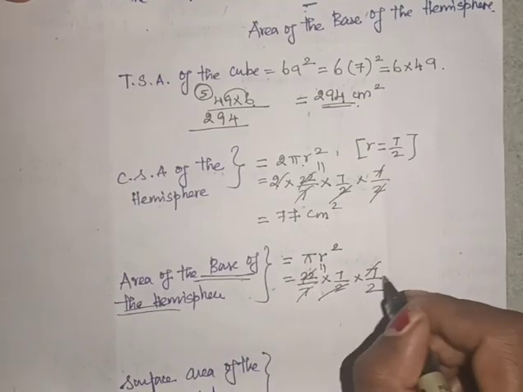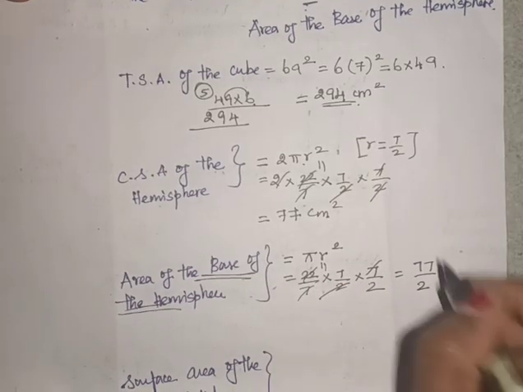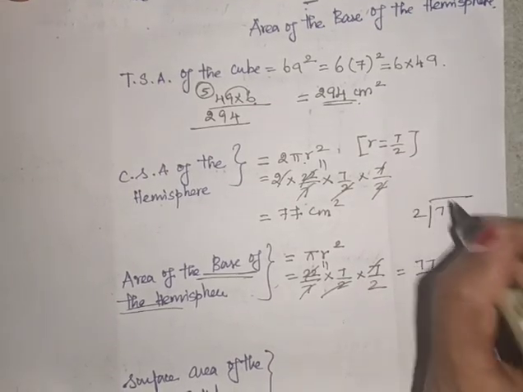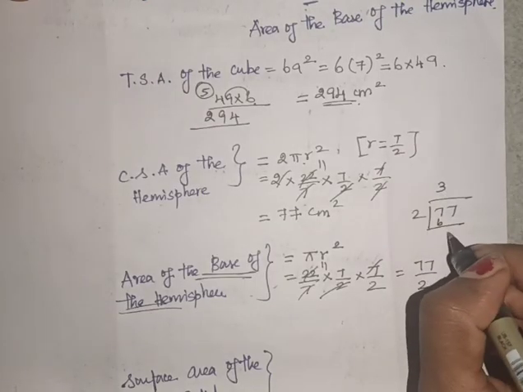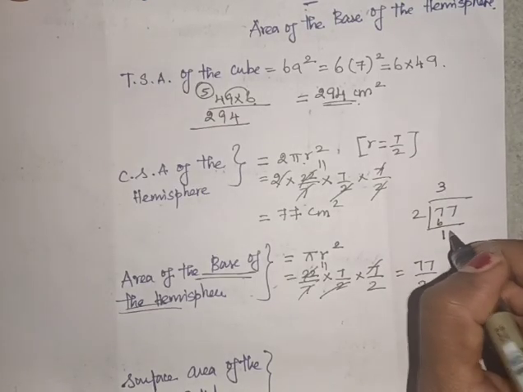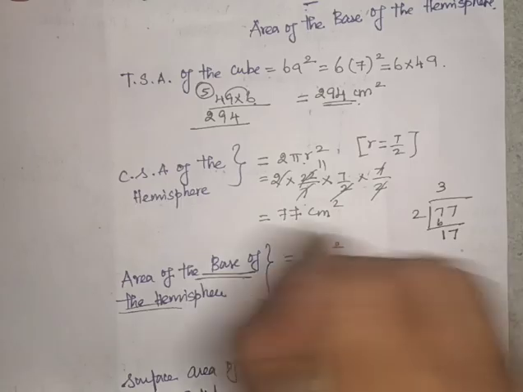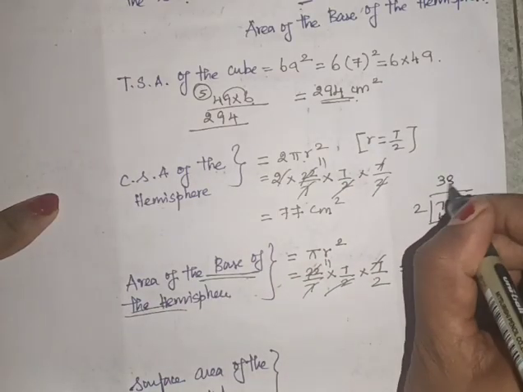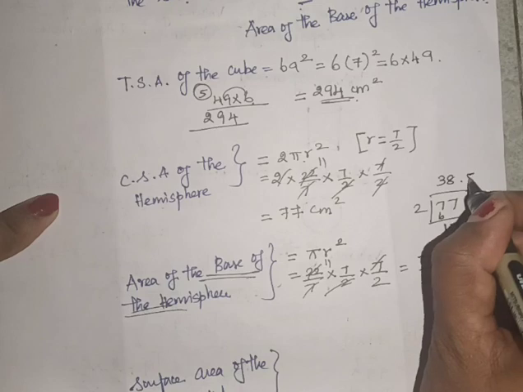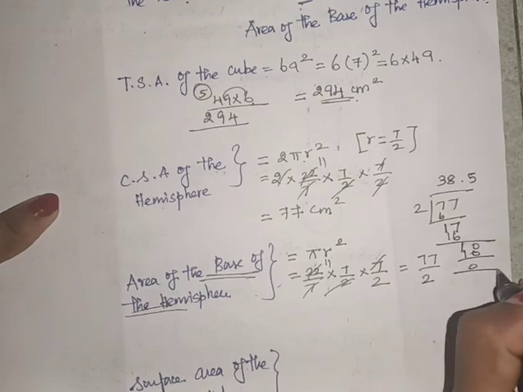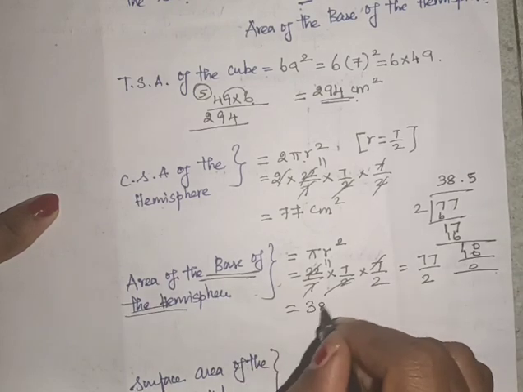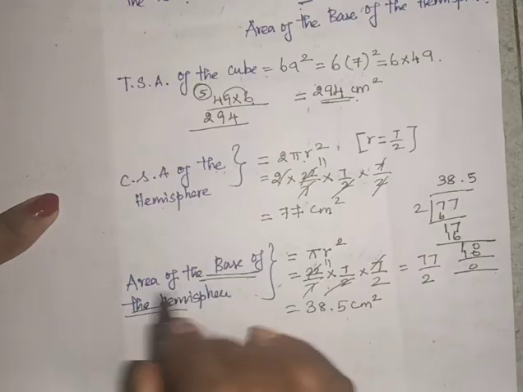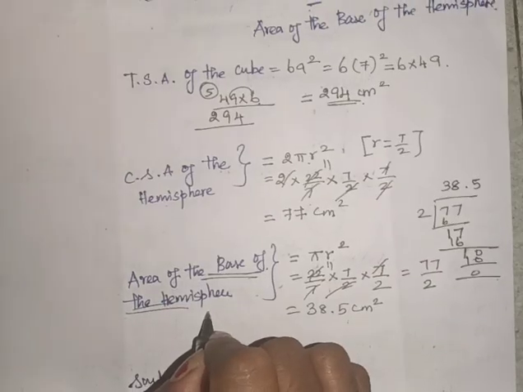It's 11, 77 divided by 2. 38.5 centimeter squared is the area of the base of the hemisphere.